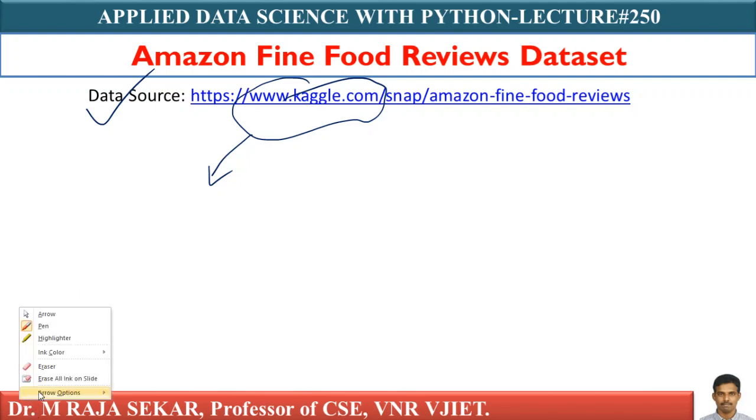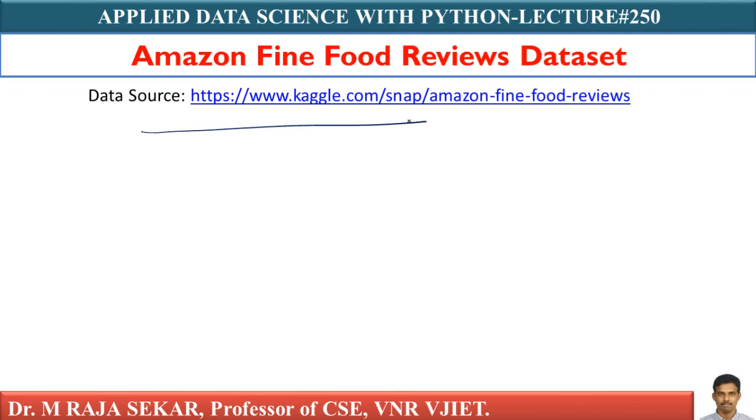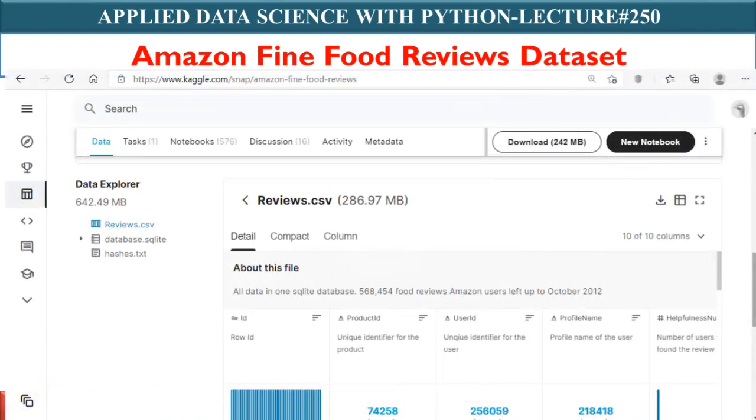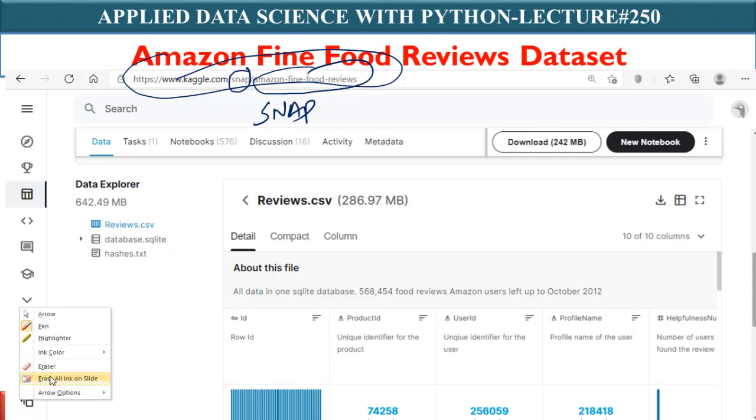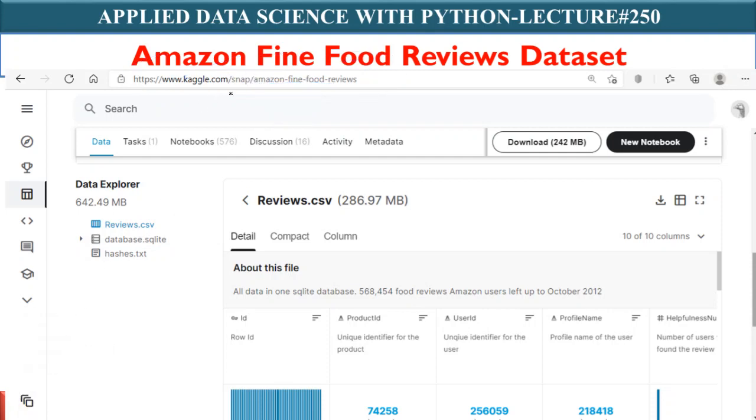From the same Kaggle.com, I am downloading my data set, that is the Amazon Fine Food Review dataset. If you go to that particular link, just observe carefully: www.kaggle.com snap. What is snap? We will try to understand. This one is the Amazon Fine Food Review dataset. This is the link.